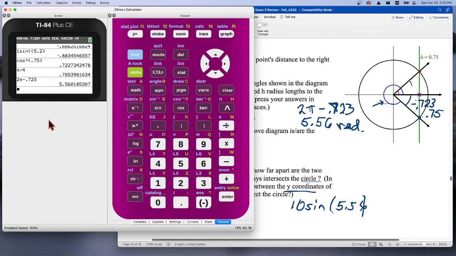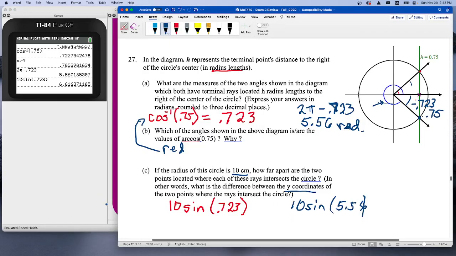So let's go ahead and plug those in. 10 sine 0.723 is going to give us a y-coordinate of 6.61, or 6.62, rounding to 2 decimal places.